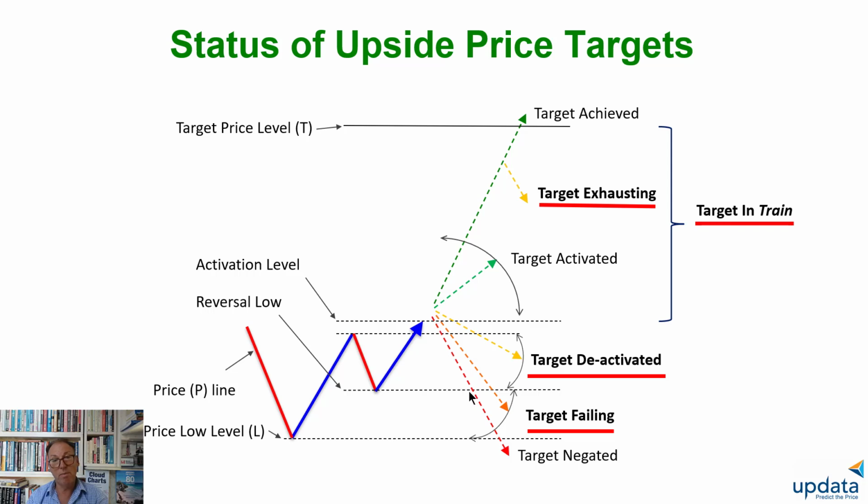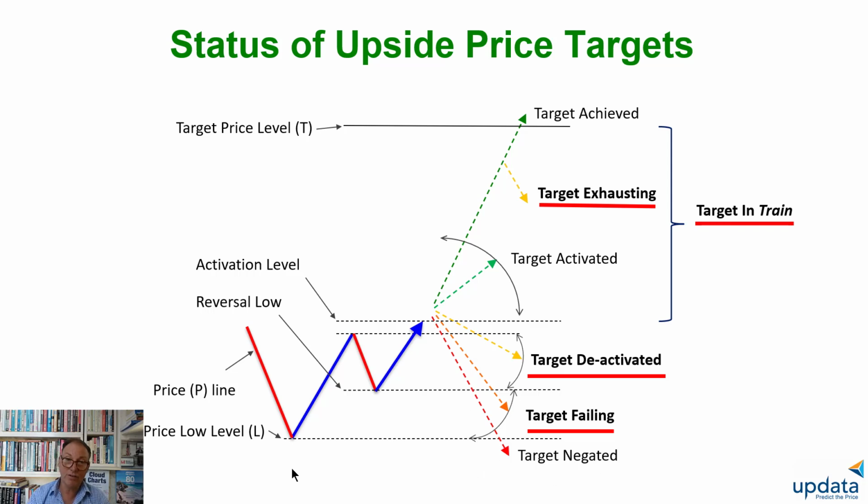If we fall back below the activation level, back into this area, we're back below the point at which the target was generated, then we can start to say the target is deactivated. It's not really failing, but it's just we're back in the zone where we haven't held that level. Holding that level is quite important. And then if we fall through the reversal point, that's effectively a lower low, and that then tends to tell us that the target is failing.